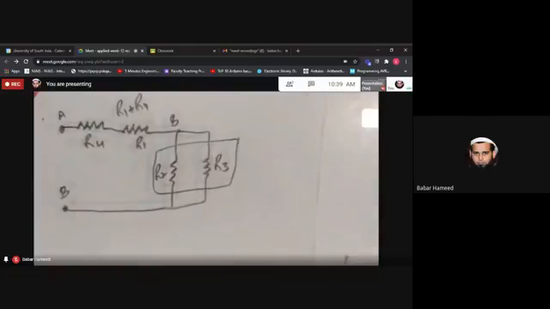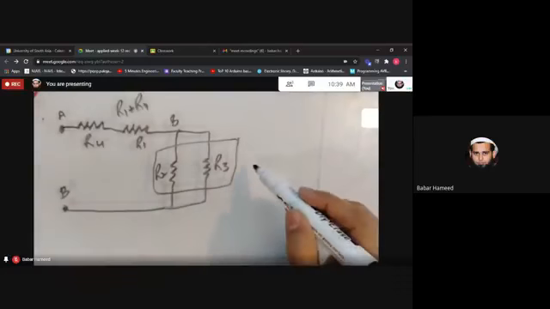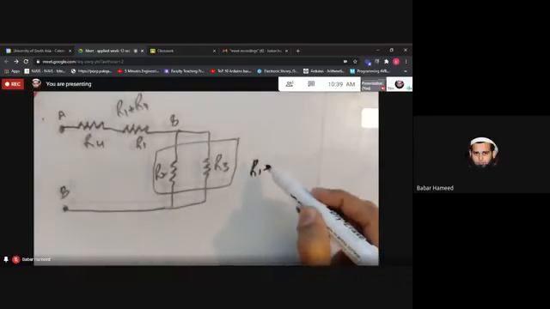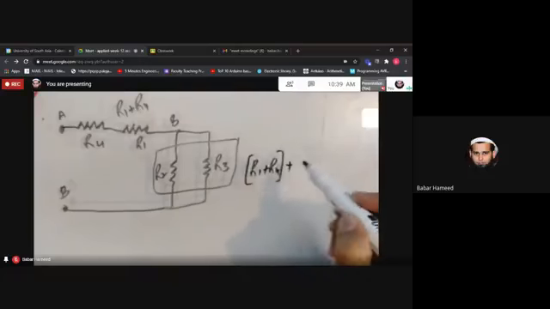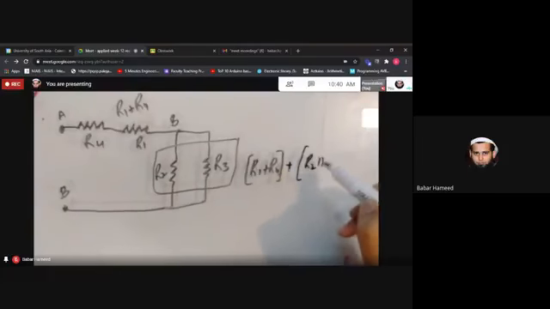Have you got it? Again, the combination of R1 and R4 is in series with the combination of R2 and R3. So, this will be R1 plus R4 added with the parallel combination of R2 and R3.